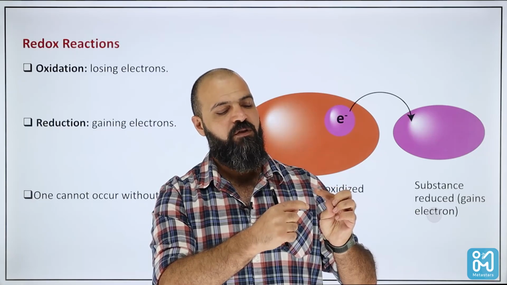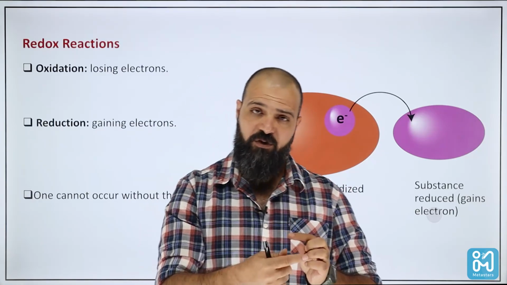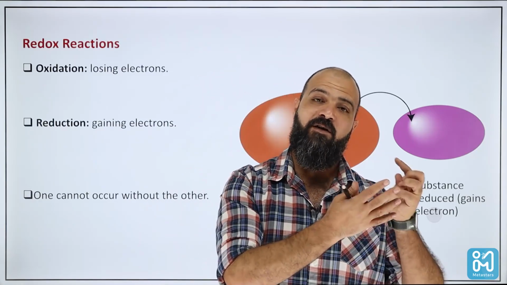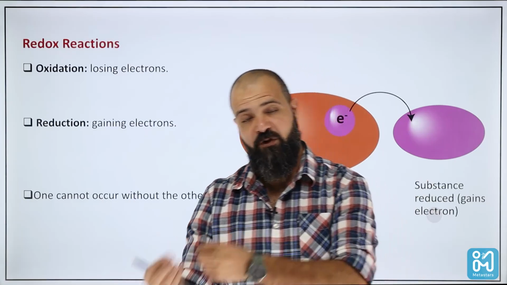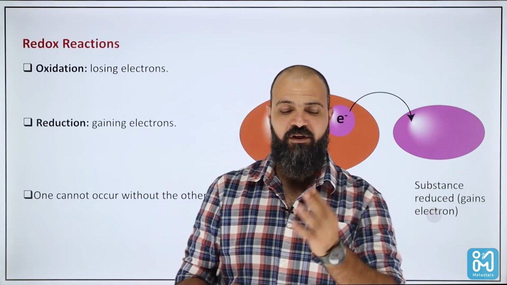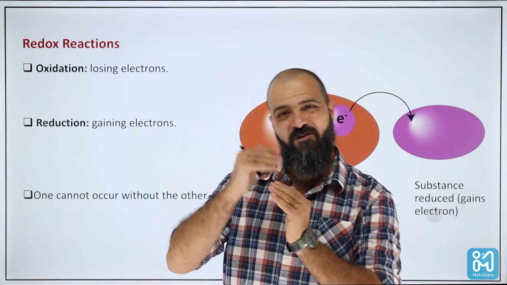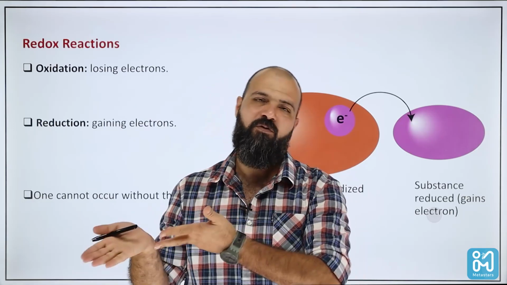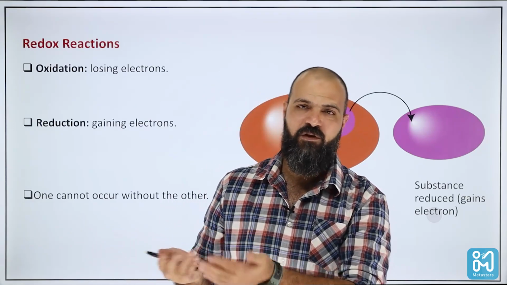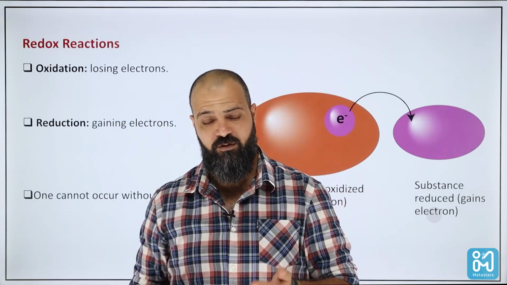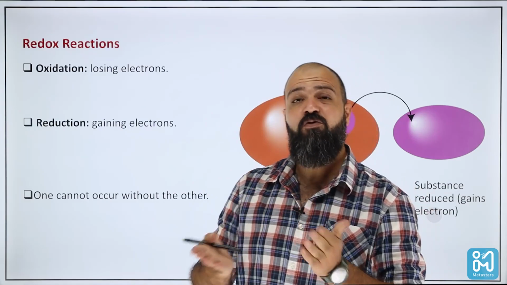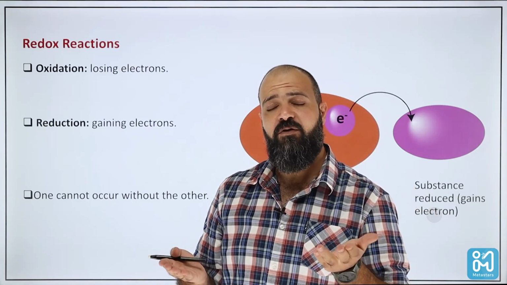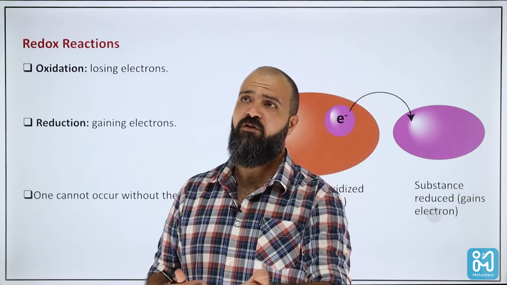One more definition, Ustaz. When a substance reacts with hydrogen, this is considered reduction. If it loses hydrogen, it's an oxidation reaction. Those are the easiest definitions for oxidation and reduction. But not all chemical reactions, Ustaz, include oxygen and hydrogen.